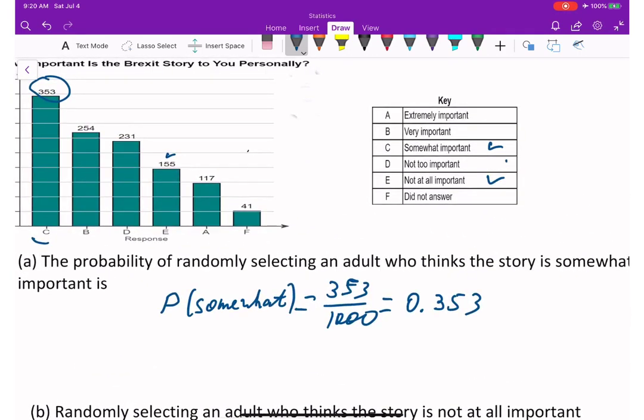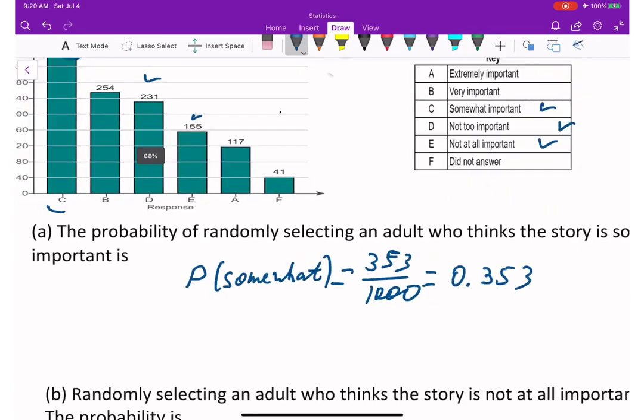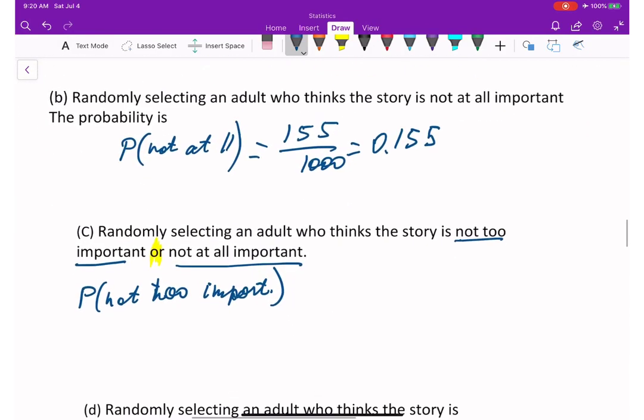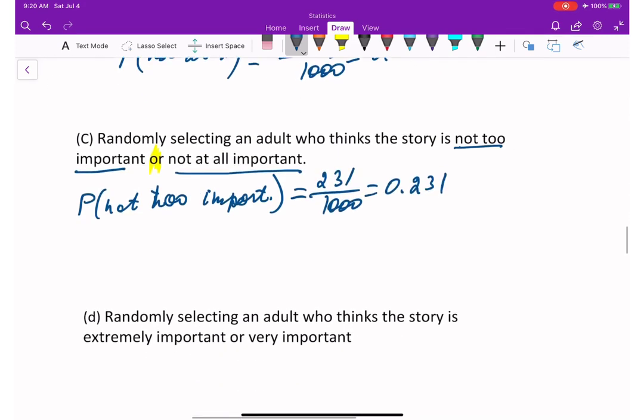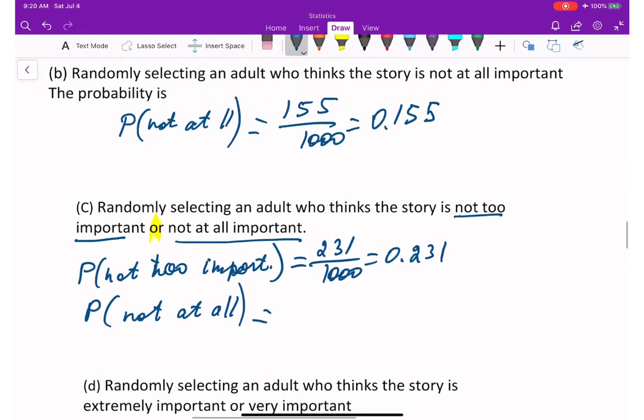Here it is. That is D, which is 231. So it's going to be 231 over 1,000. That will be 0.231. So probability not at all important, we already have it right here, 0.155.